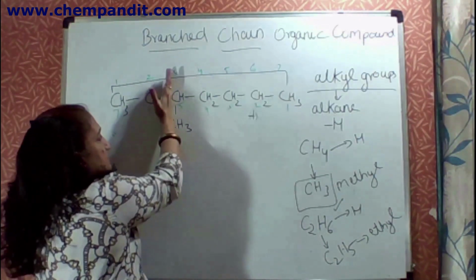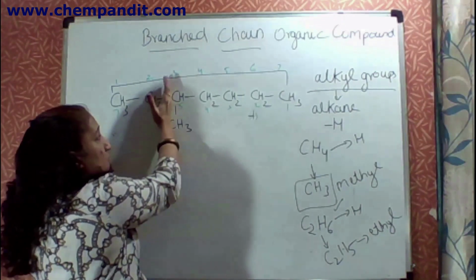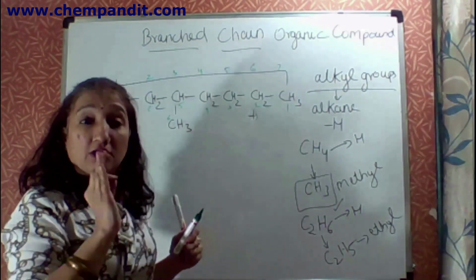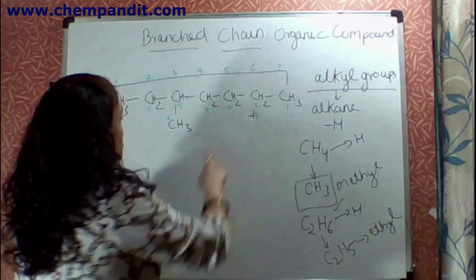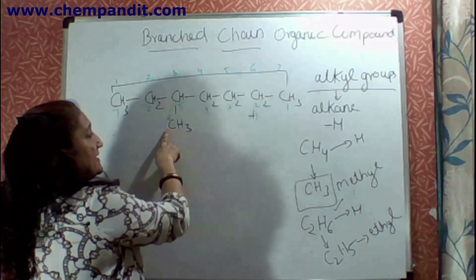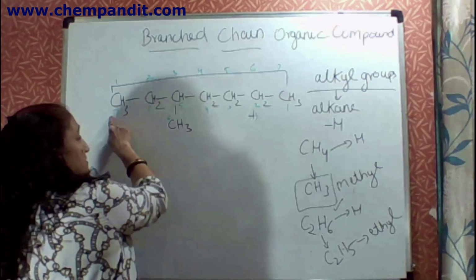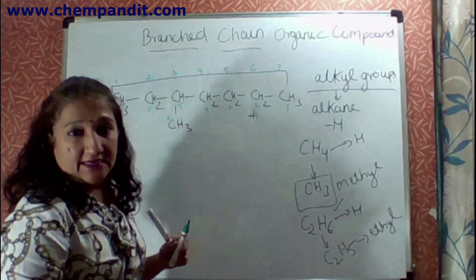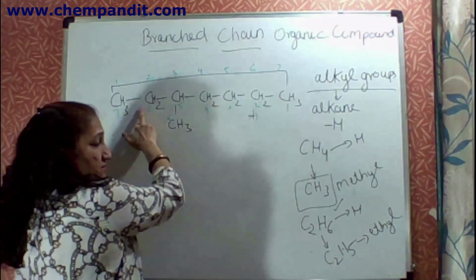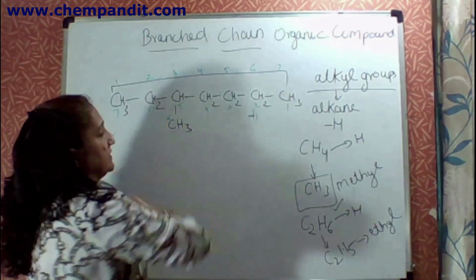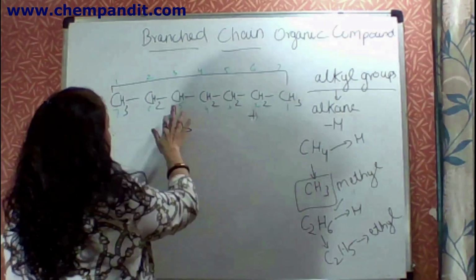But the problem is that we need to find out the longest carbon chain. So if we count it like this, we are getting 6 carbon atoms. And if we count it from right to left, we are getting 7 carbon atoms. So we need to take this one, the longest carbon chain containing 7 carbon atoms.